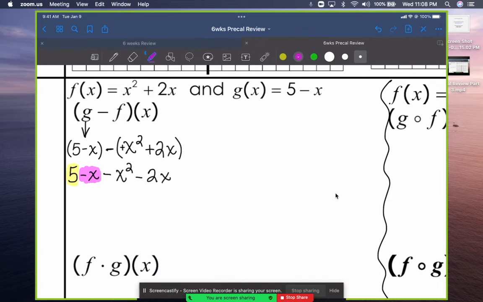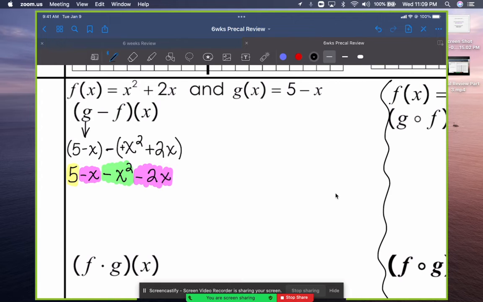Okay. And I have a negative 2x. Now notice I didn't highlight the negative x squared, because the exponent makes it unlike to this one. So remember, we're combining like terms. They are alike because they both have an exponent of 1 here. But because this one has an exponent of 2, you cannot combine them with these variables here.